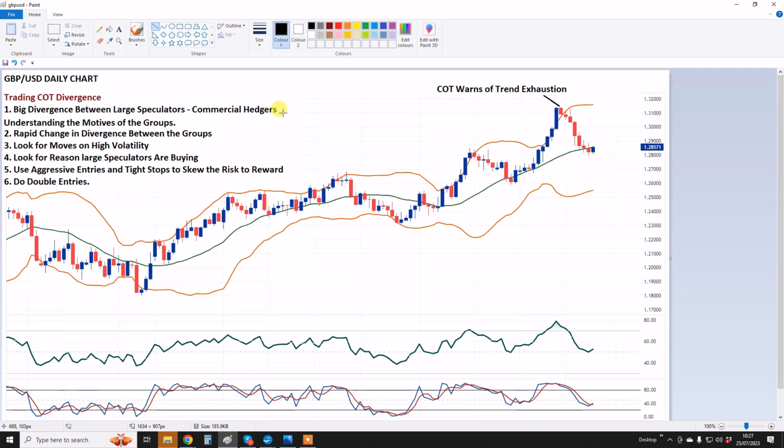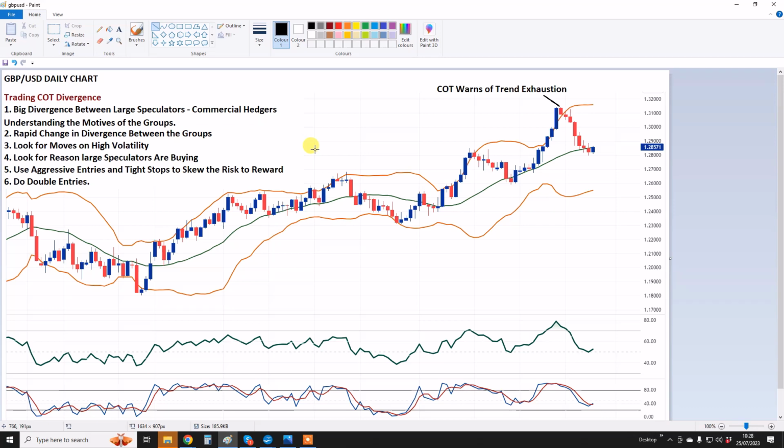Okay, why is that? Commercial hedgers are basically hedging a cash position. They make or lose no money. They're only going to move their hedges when they see prices move too far from fair value. Okay, so they are the warning sign that prices have overshot.